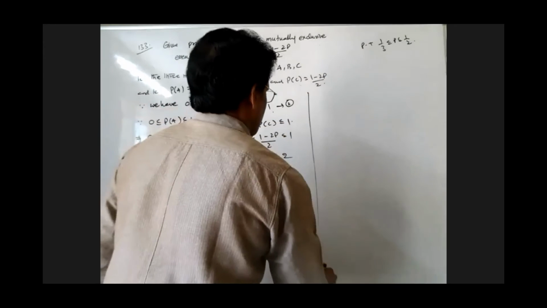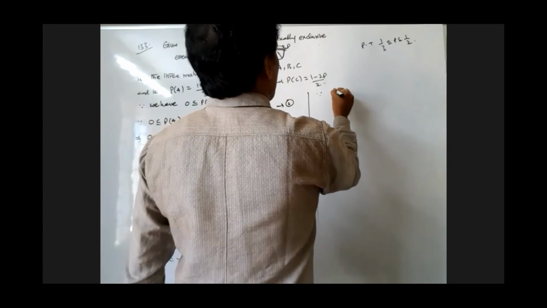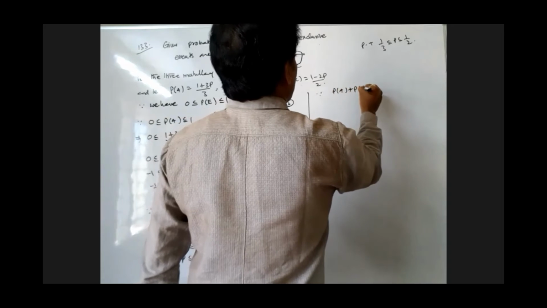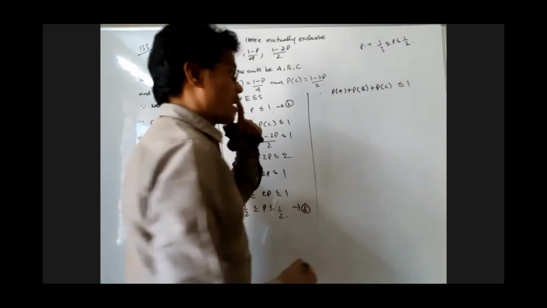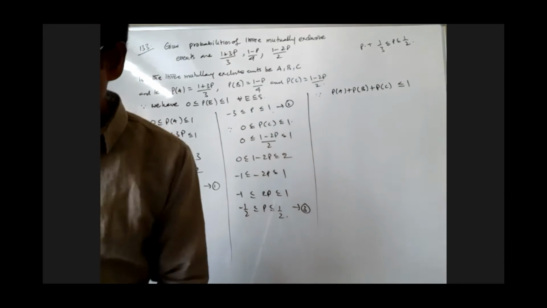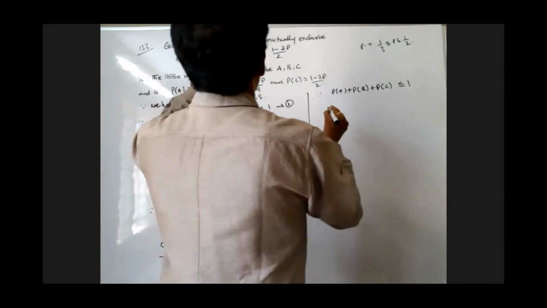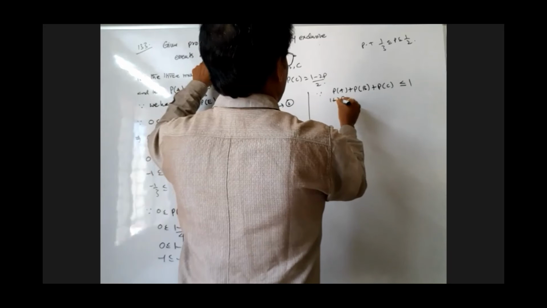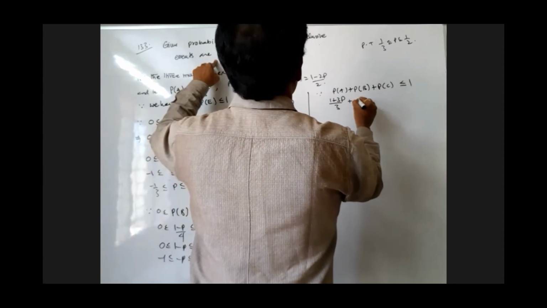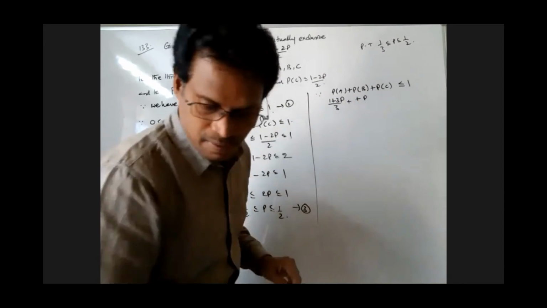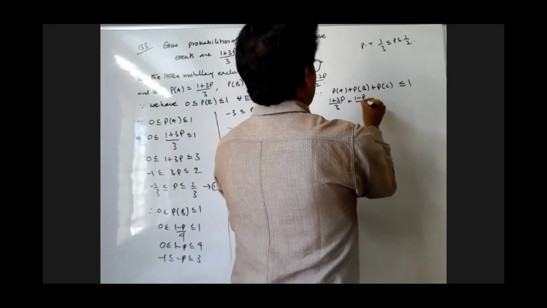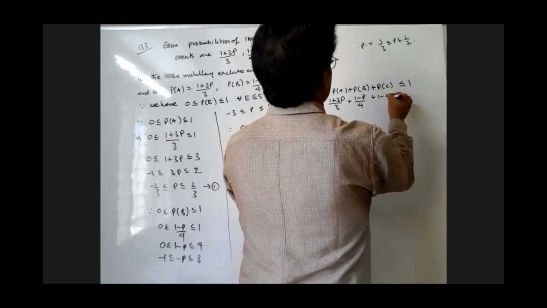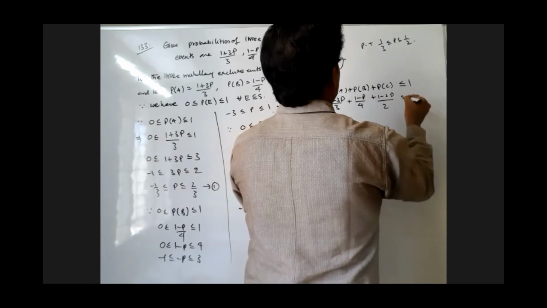I'm writing the next one. Since probability of A plus probability of B plus probability of C is less than or equal to 1, probability of A is 1 plus 3p by 3, plus 1 minus p by 4, plus 1 minus 2p by 2, less than or equal to 1.